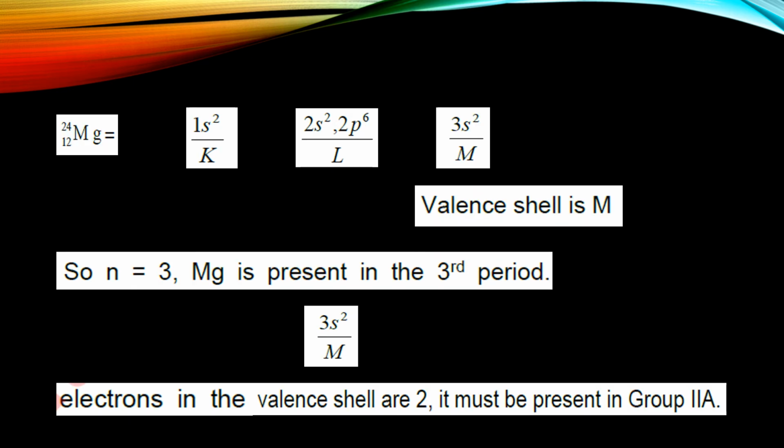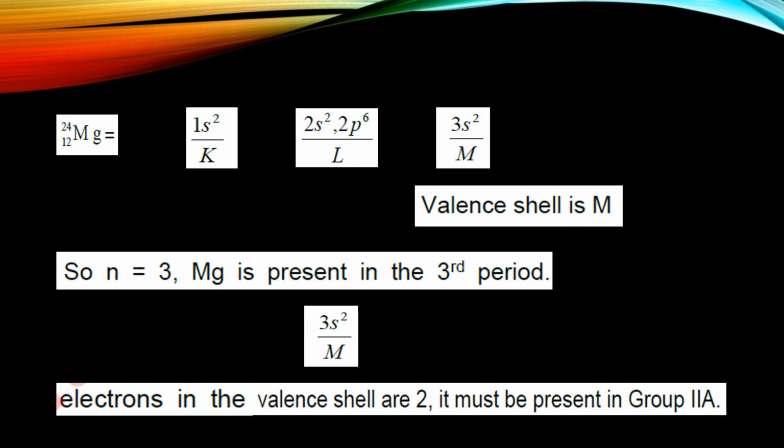Next example you can see here is magnesium. Atomic number of magnesium is 12. So when we write down the electronic configuration for this, it will be 1s2, 2s2, 2p6 and 3s2. As the valence shell here is the M shell, and the n value for the M shell is 3, magnesium is present in the third period.